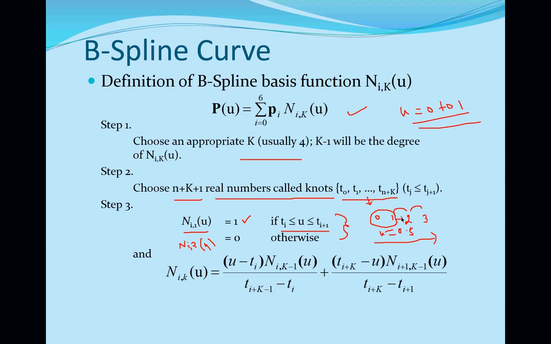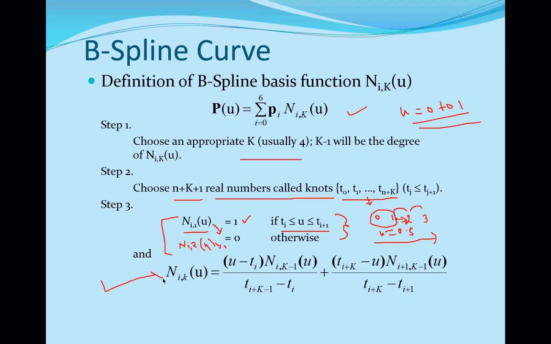But as u migrates between 1 and 2, this value becomes 0, this value becomes 1, and the other value becomes 0. So in this way these values are going to change. So it's a step input function, it's a digital function.